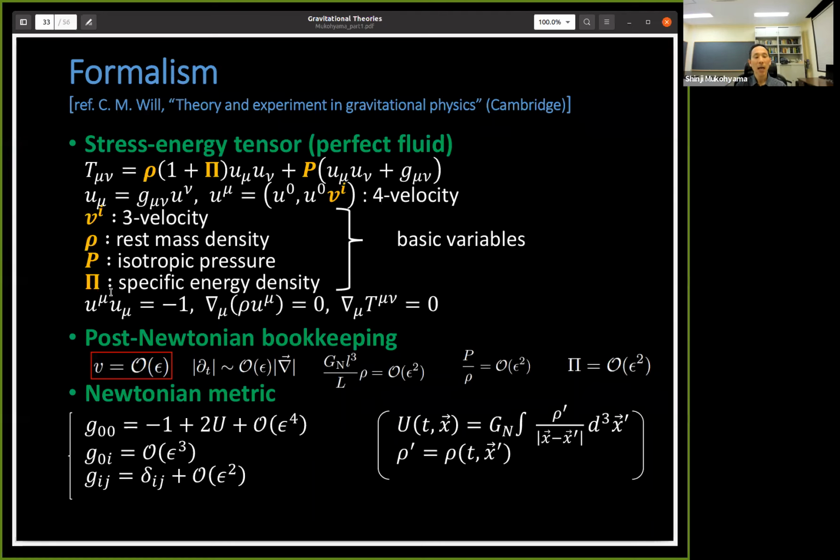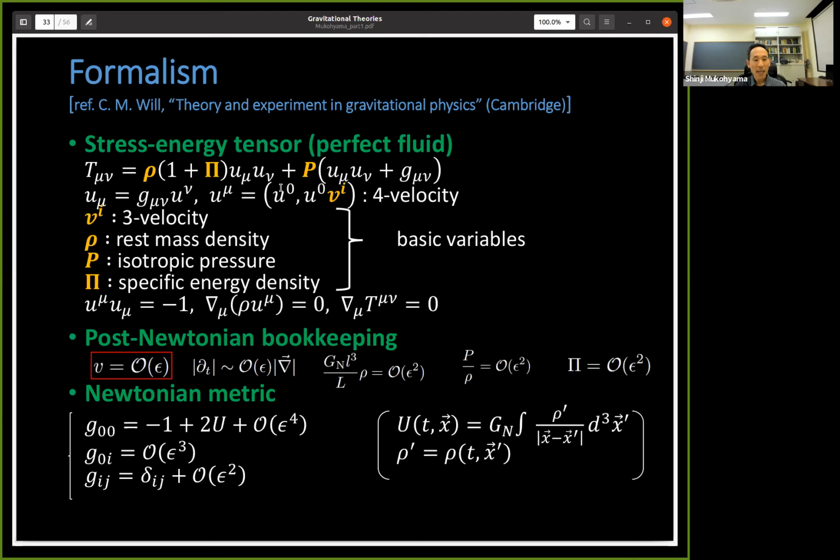Then we can construct the 4-velocity out of the 3-velocity in this way. The spatial component is the 3D velocity multiplied by some factor, and the same factor goes here.